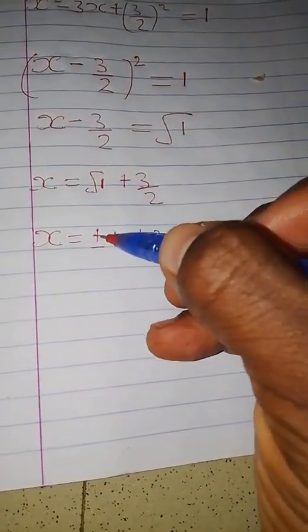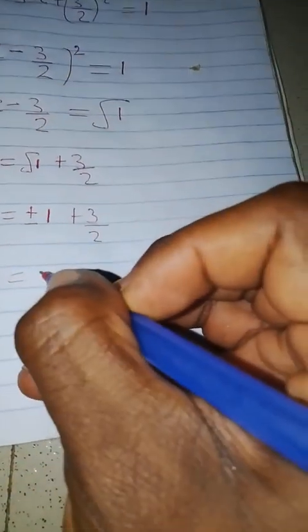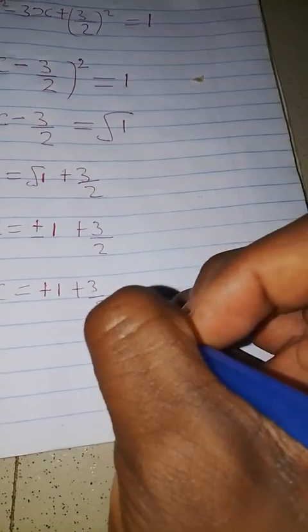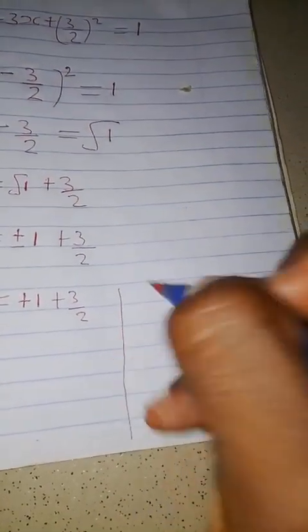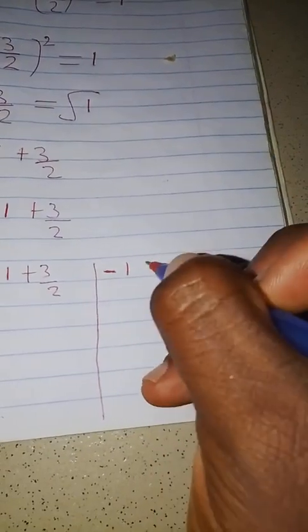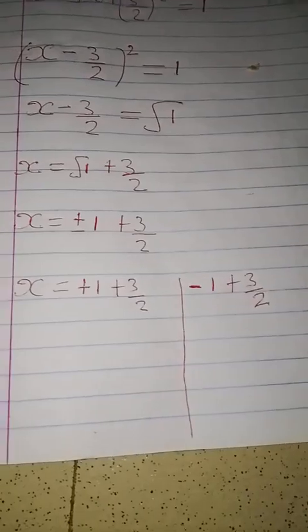Remember, you can see this plus or minus. So x is plus 1 plus 3/2, minus 1 plus 3/2.